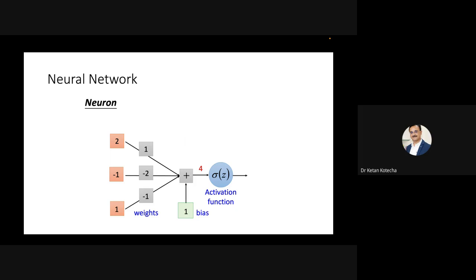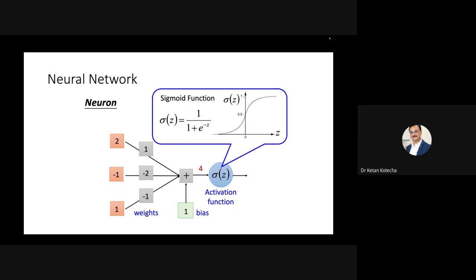It will be summed up, a weighted sum. And then this particular function, which is an activation function, has a large number of options here. One option, and a very popular function, is the sigmoid function, which varies between 1 and 0. It may be 1 to -1 as well. You just add some parameter. So if you give Z as 4 here, you can get the value of sigma Z, which is the output.